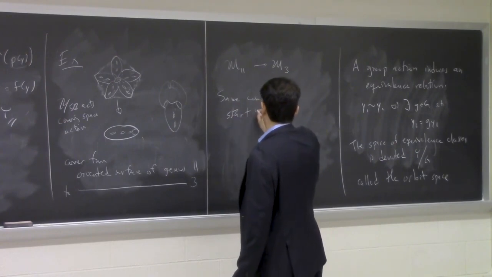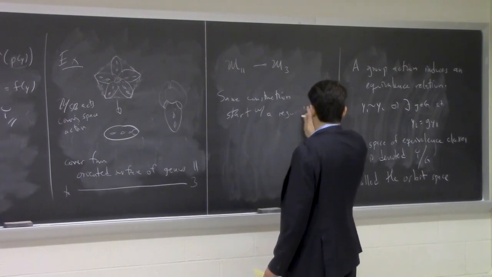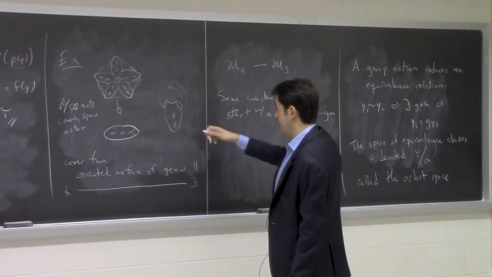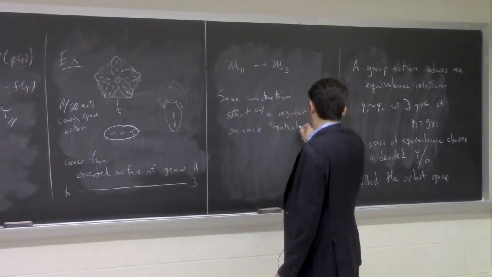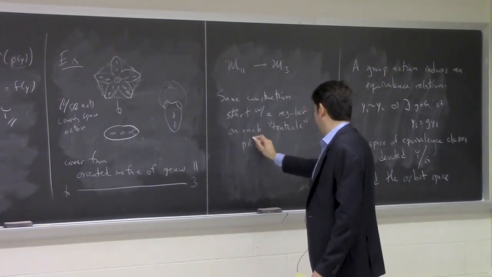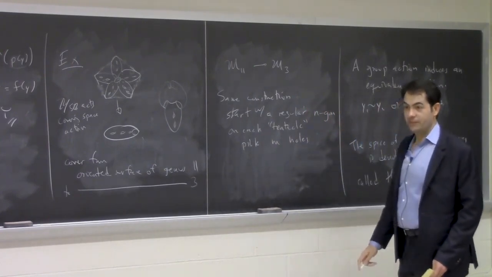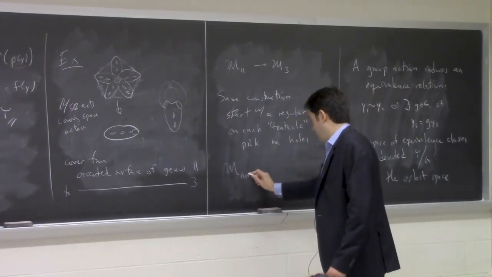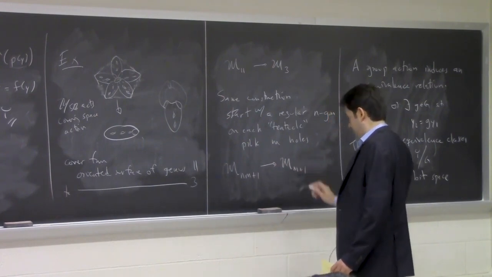Start with a regular n-gon, and then on each tentacle, not a technical term, put m holes, right? And then you end up with a covering of genus nm plus 1 to genus m plus 1.